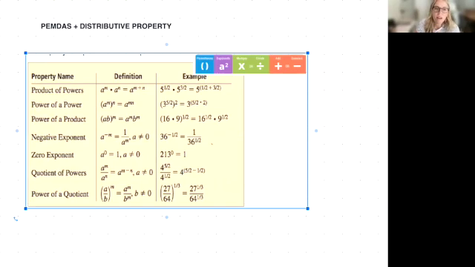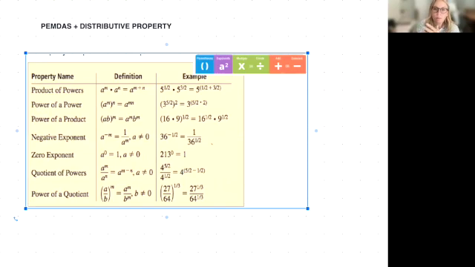So the first thing that you need to know that's specific to the exponents is your product of powers rule. So your A right here is just standing in place of any base, any big number. For example, we're going to make that a 5. The M and the N are just standing in place of whatever your exponent's going to be. It could be a 2, it could be a 3.